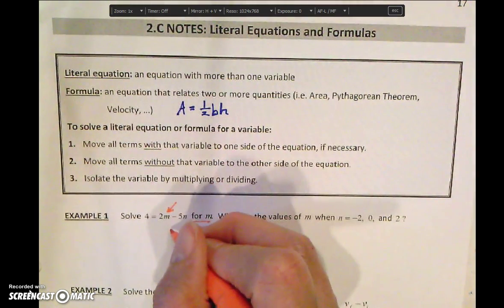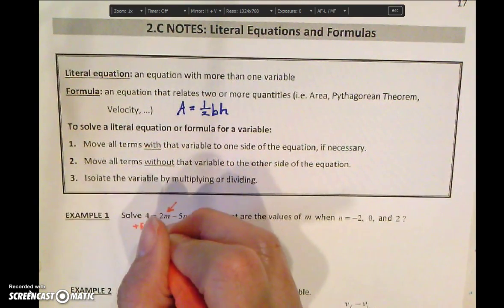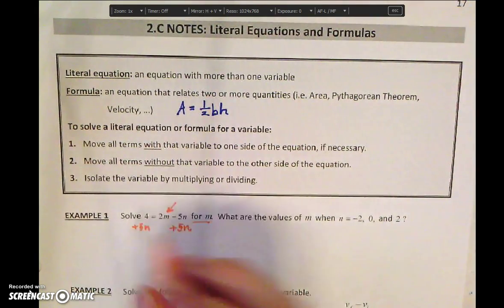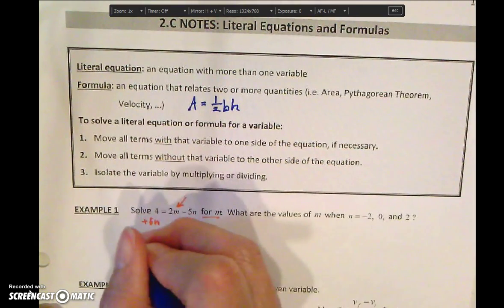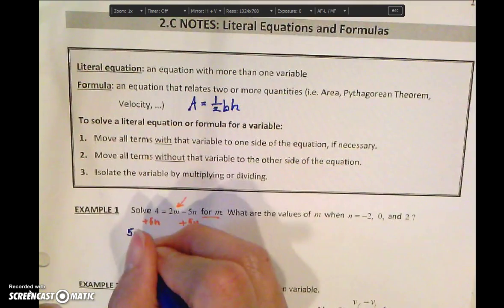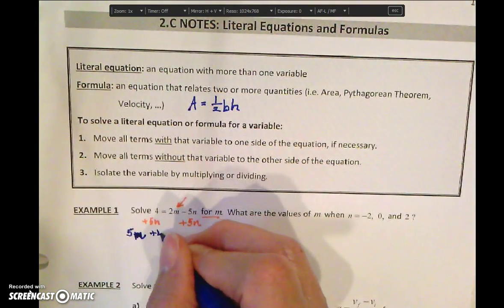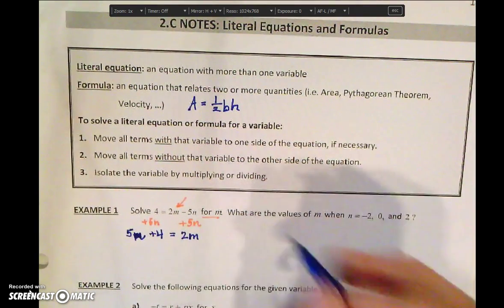So I'm going to start by adding the 5n to both sides to remove it from the m over here. So now it's going to say 5n, oops, n, kind of looks like that, plus 4 is equal to 2m.